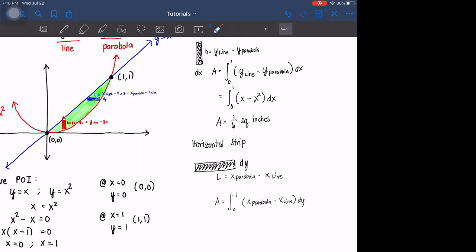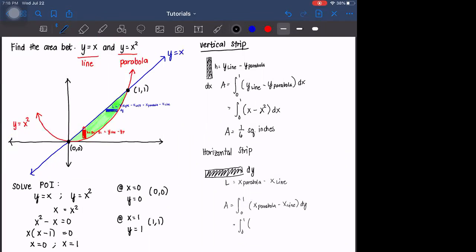And again, because this is dy here, we have to express this in terms of y. Now, what is x of the parabola in terms of y? If y equals x squared, then x is equal to the square root of y.